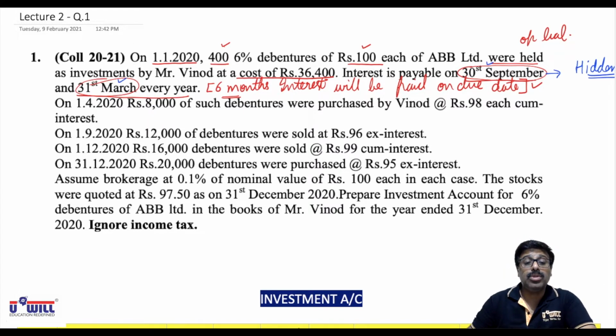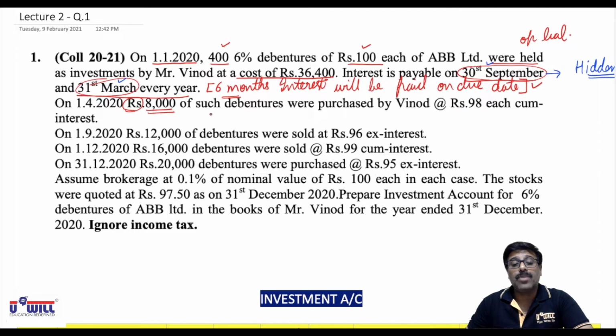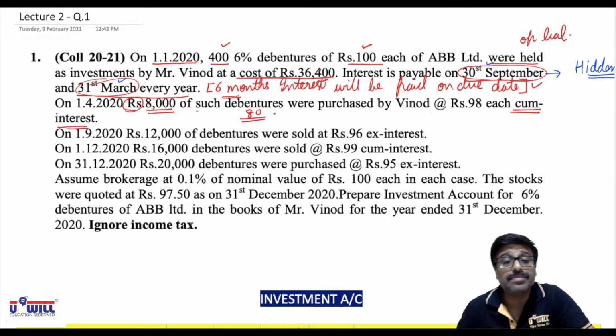On 1/4/2020, rupees 8,000, which is directly the nominal value, of such debentures were purchased by Vinod at rupees 98 each, cum interest. First of all, 8,000 is the nominal value, 100 is the face value per debenture, so 8,000 divided by 100. Can I say 80 debentures are purchased?